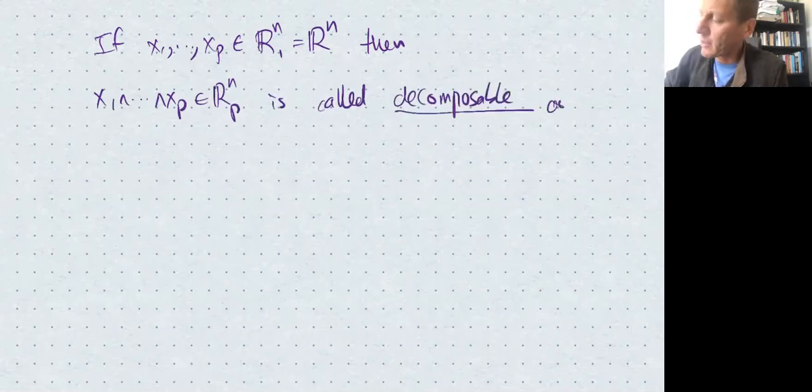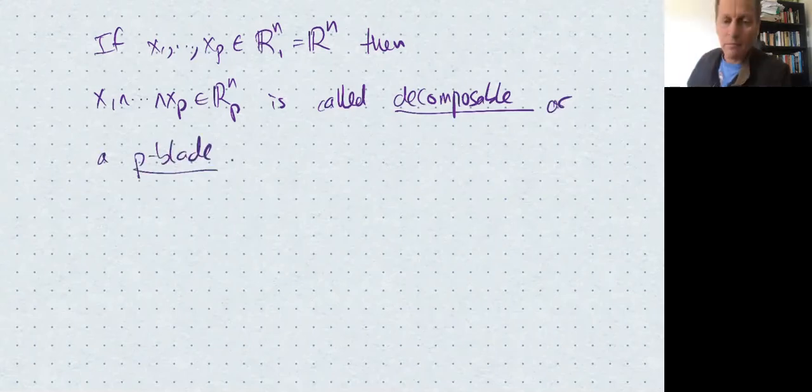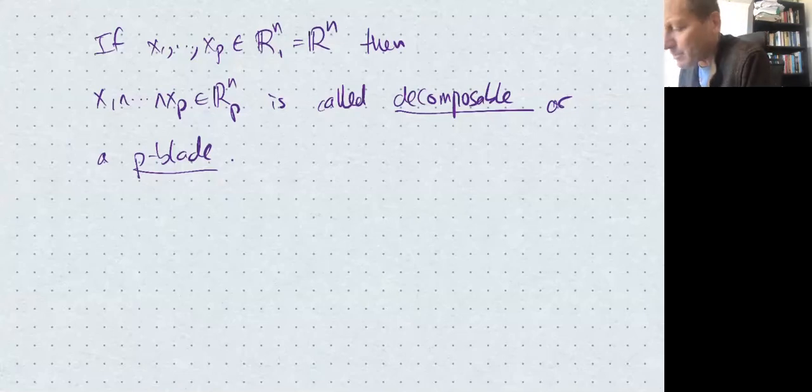Sometimes it's called a p-blade. I think decomposable is kind of confusing, to me at least. Blade is more commonly used than p-blade.